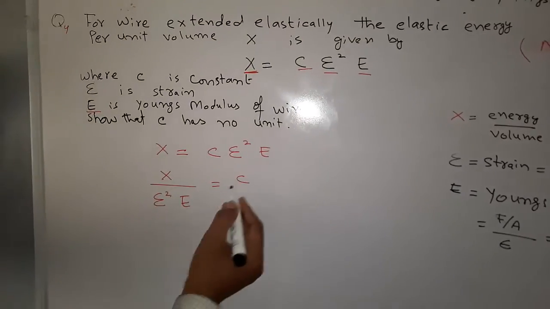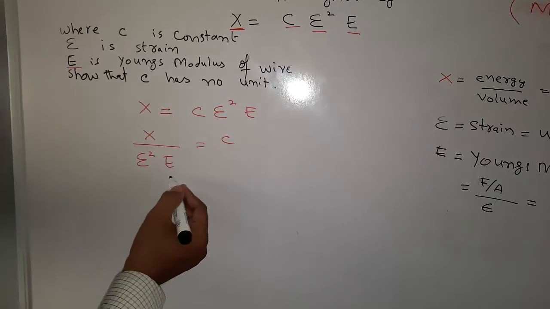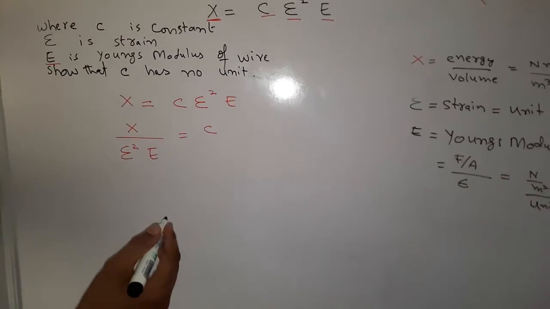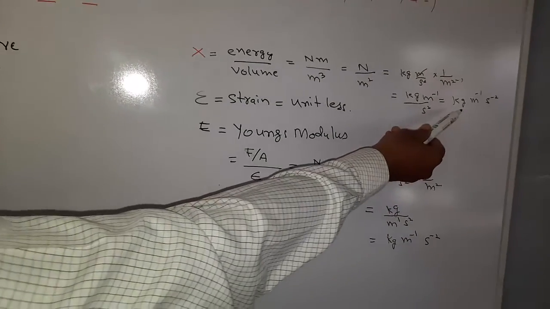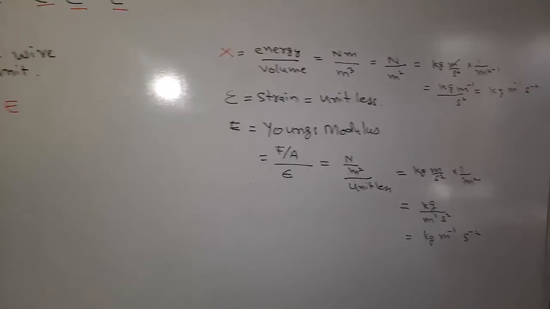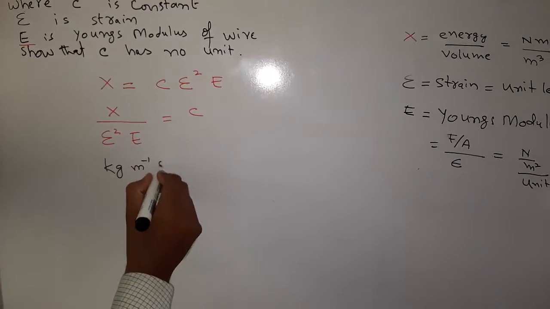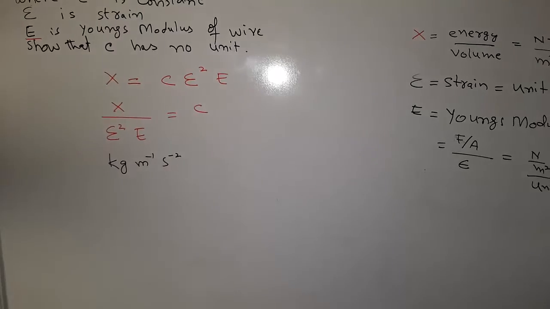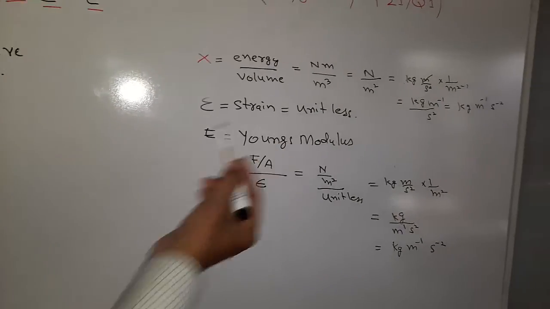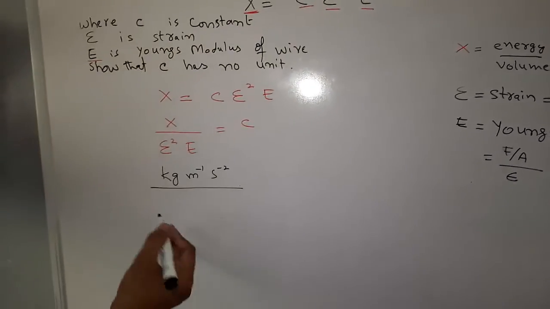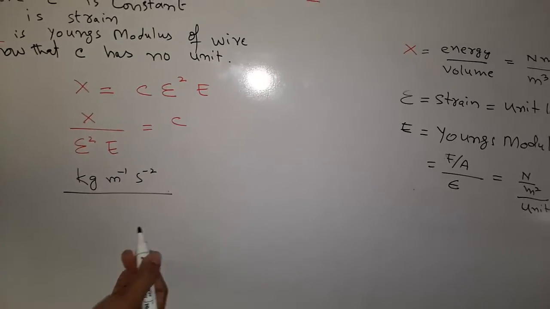So now replace it right here. First make C the subject: C equals X over epsilon squared and capital E. X we can write, because energy per unit volume we have calculated, as kilogram per meter per second squared, over epsilon, meaning strain, that is unitless. No need to write its square, because we don't have any unit.